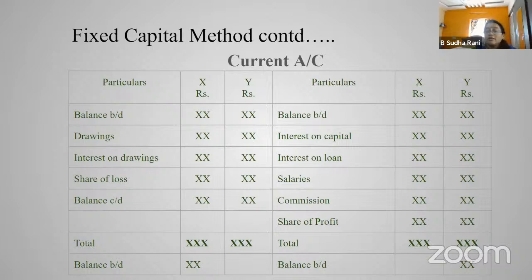This is important because these two capital accounts also come in the full-length 15 mark questions while preparing the admission of a partner, retirement of a partner. When you are doing those sums, it is necessary to know this.